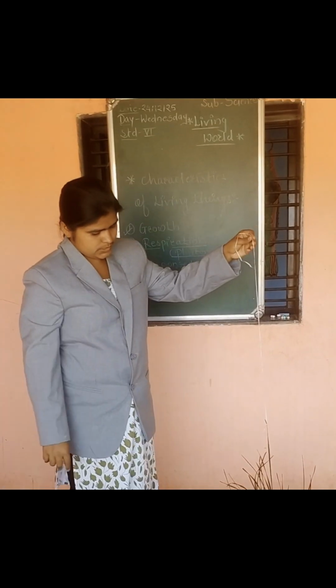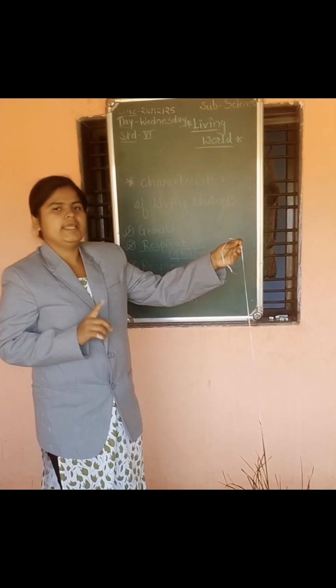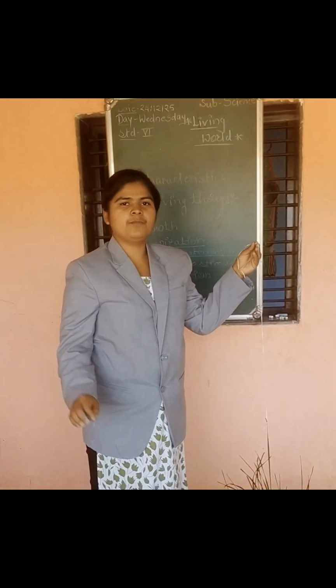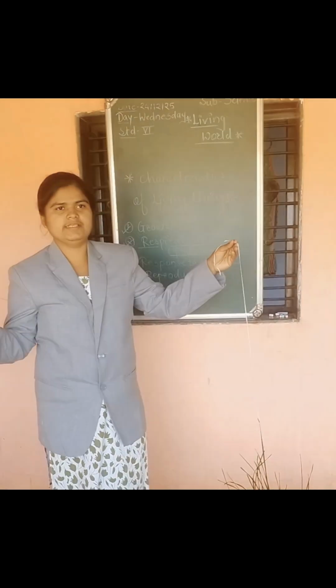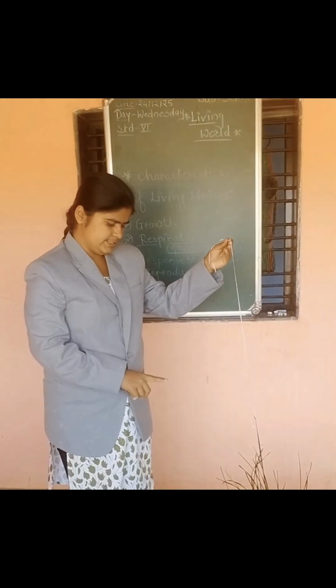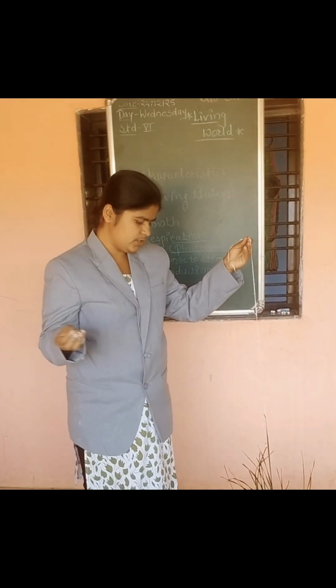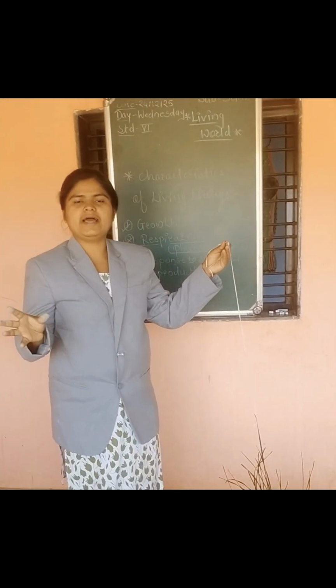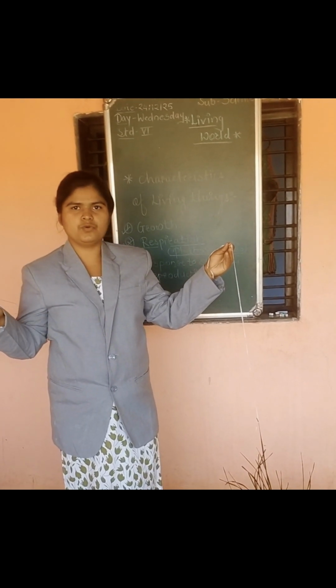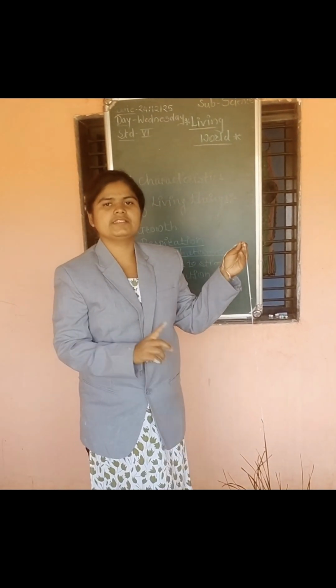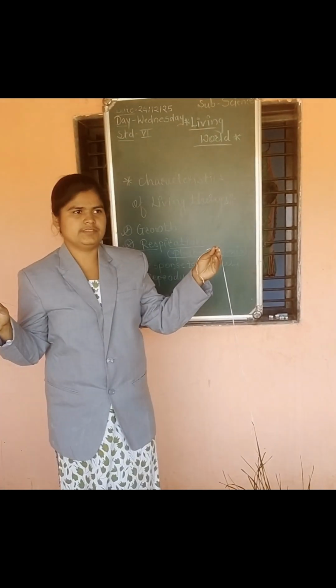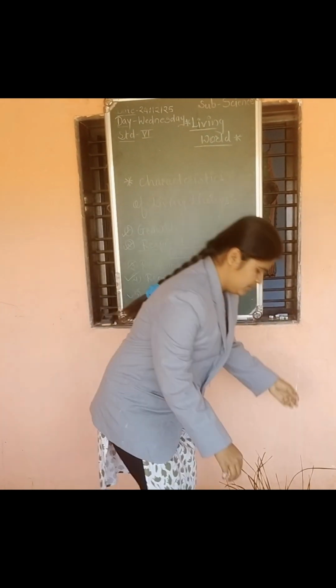This plant shows growth upwards. It means this plant has the property of livingness. Which property? That is growth. When we give water to this plant, it starts to grow, and this property describes livingness.